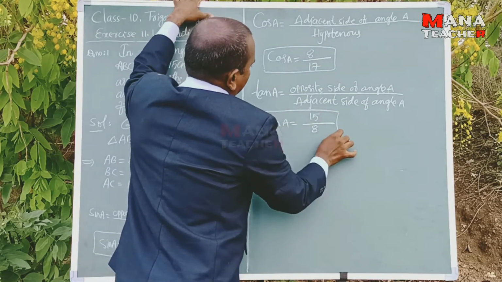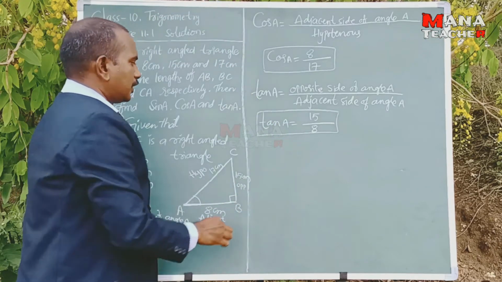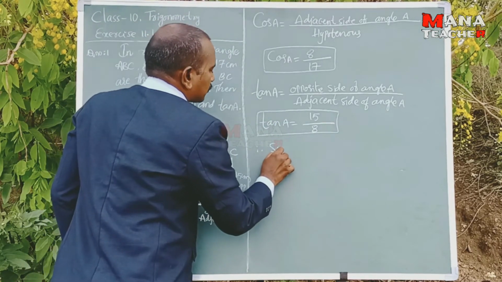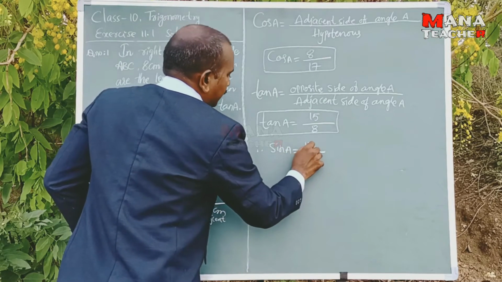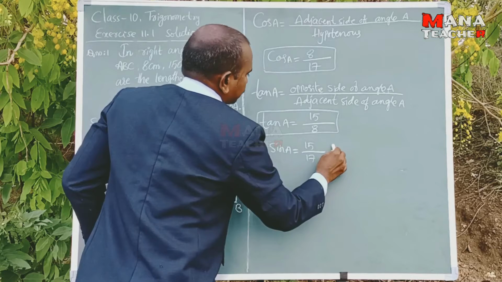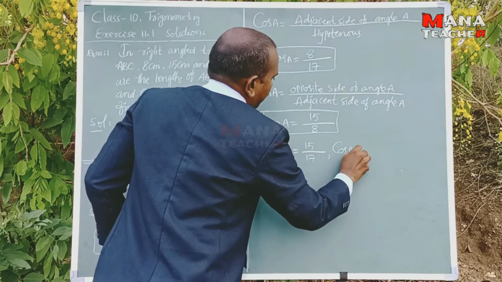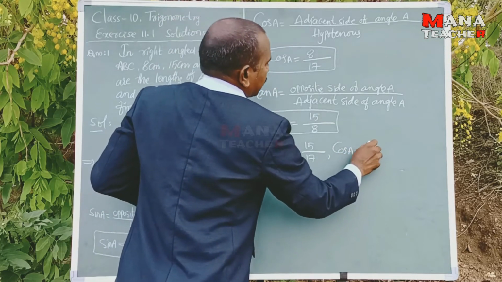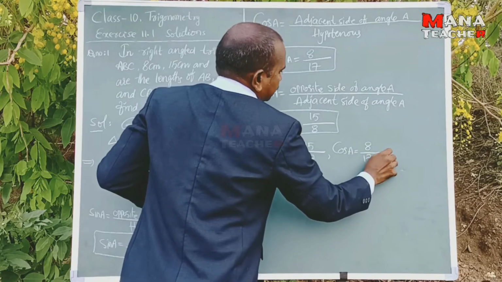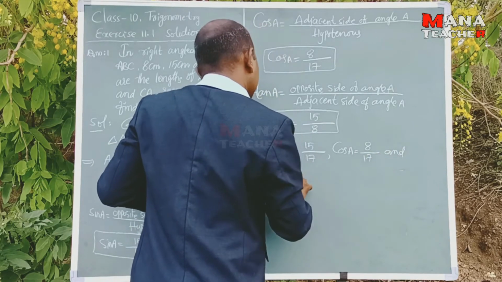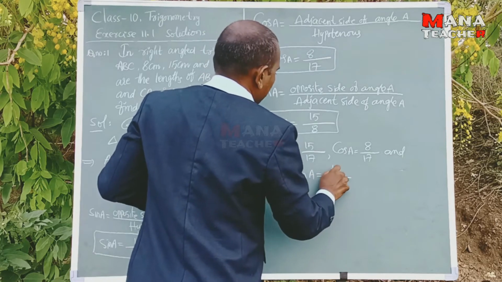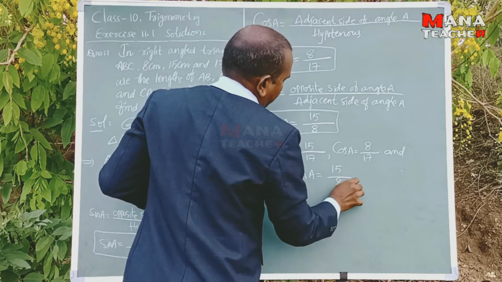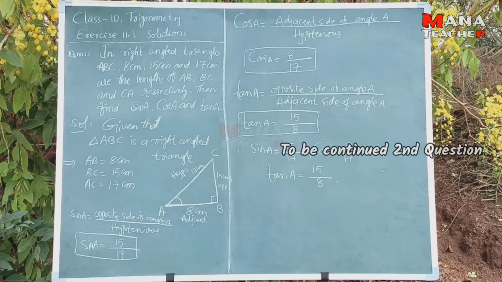So this is tan A. Therefore sin A equals 15 by 17, cos A equals 8 by 17, and tan A equals 15 by 8. So this is the solution.